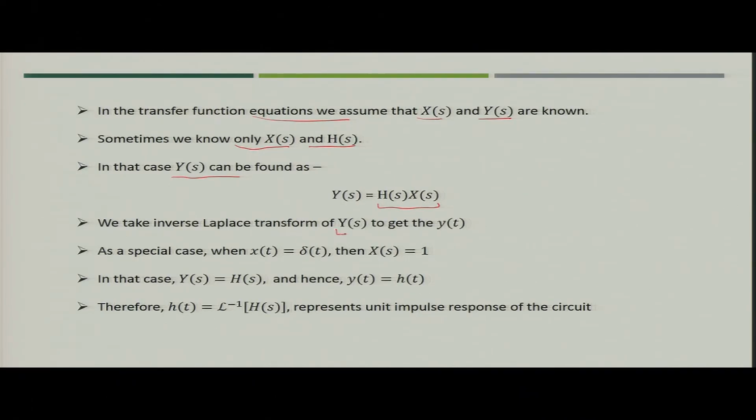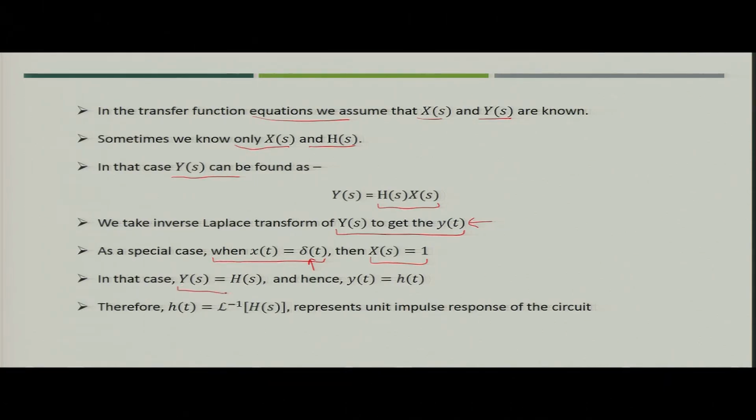Now, you can take the inverse Laplace transform of Y(s) to get the value of the output response of the circuit. As a special case, if we say that x(t), that is the input, is a unit impulse function, we will say that X(s) is equal to 1.